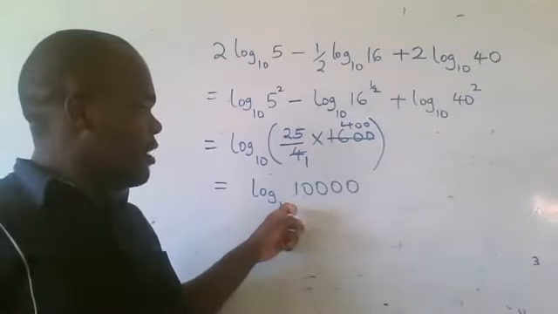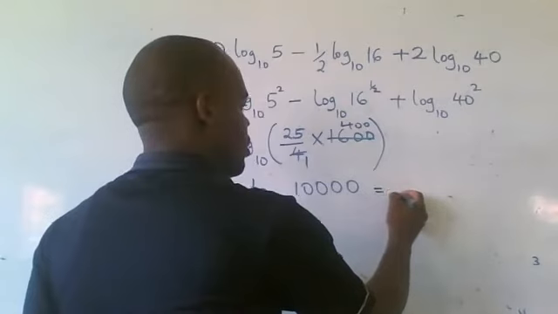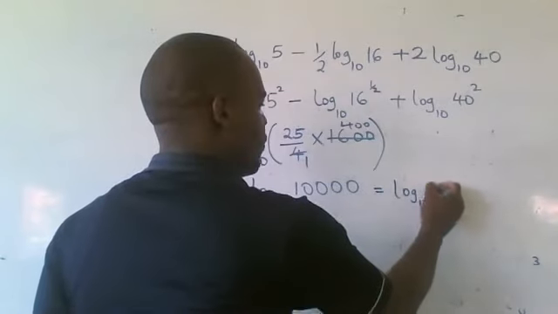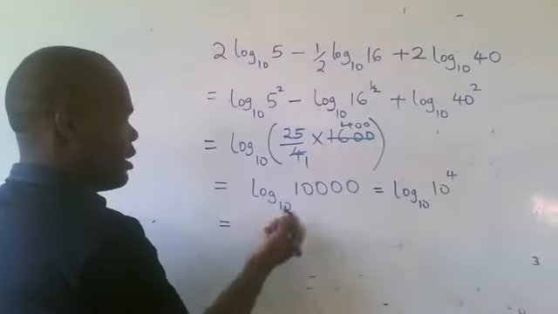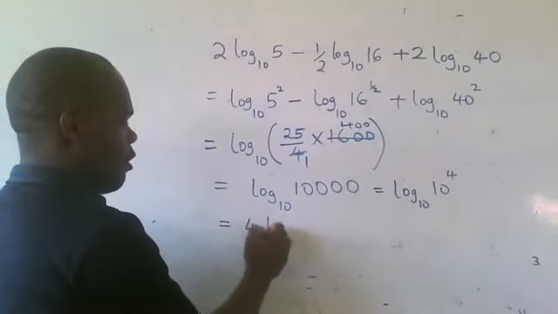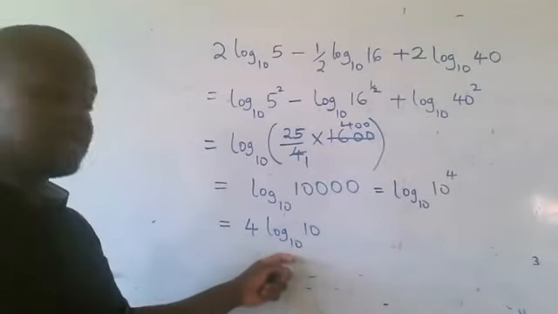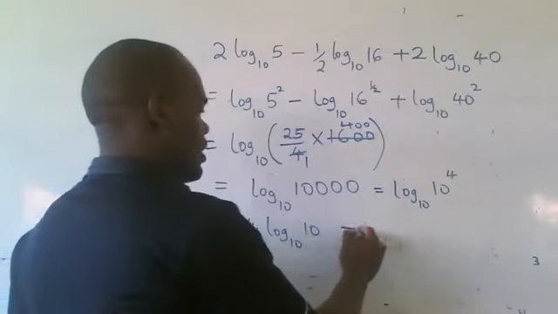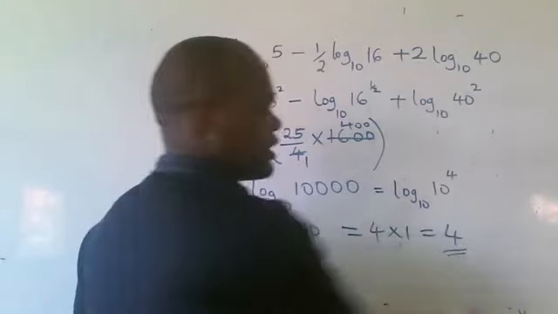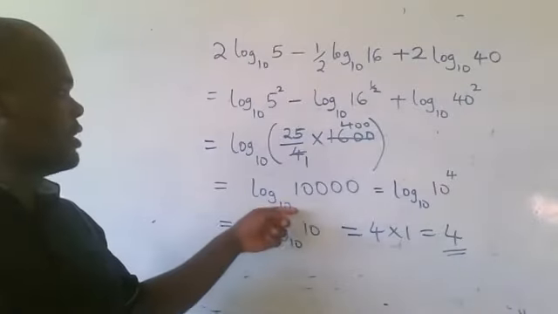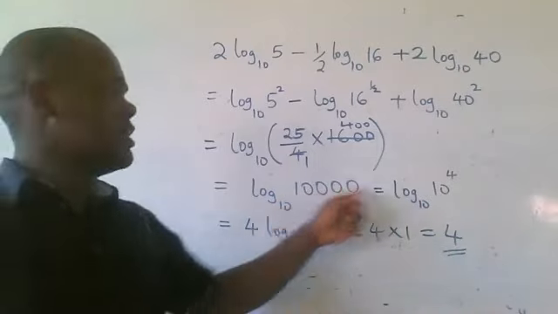Log to the base of 10 of 10,000 is equal to log to the base of 10 of 10 power 4. And that means the answer, you can write it as 4 log to base 10 of 10. And what is log 10 to base 10? It's 1. So actually, this is 4 times 1, which is 4. But at this juncture, you can still say log 10,000 to base 10 is equal to 4.